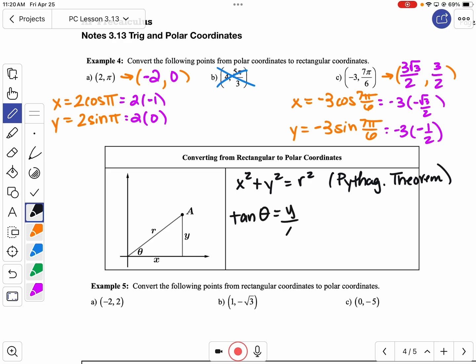So tangent theta equals y over x. Now, where we have to be careful is we have to think about our quadrants. We're going to think about our signs in Q1 to Q4, so that we're sure we choose the right place.